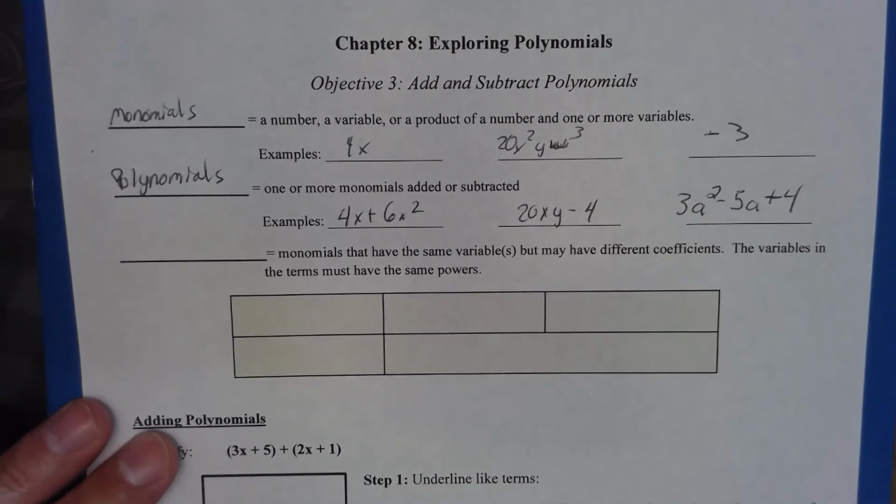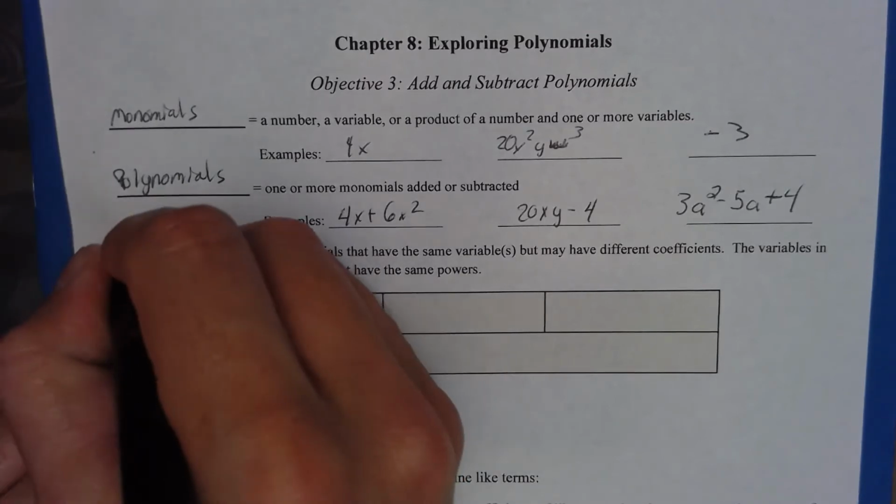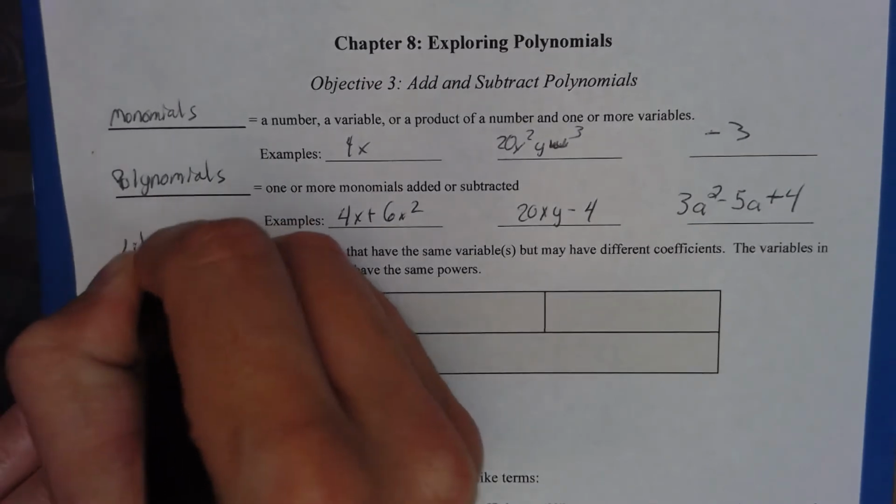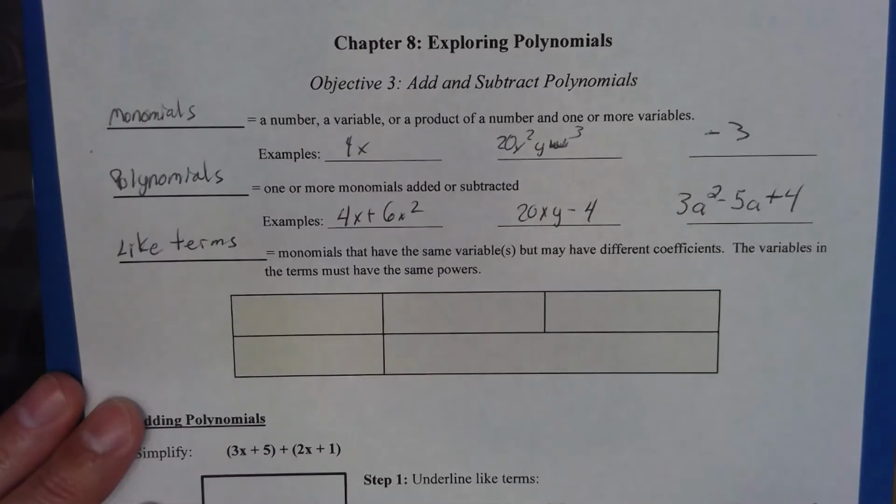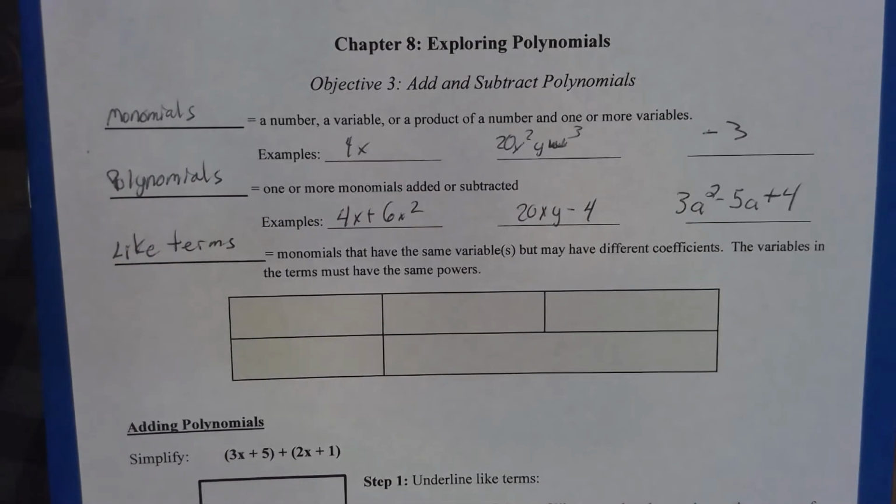Okay. Now, the other thing we've talked a lot about is like terms. Like terms are when monomials have the same variables but have different coefficients. So the variables in the terms must have the same powers.